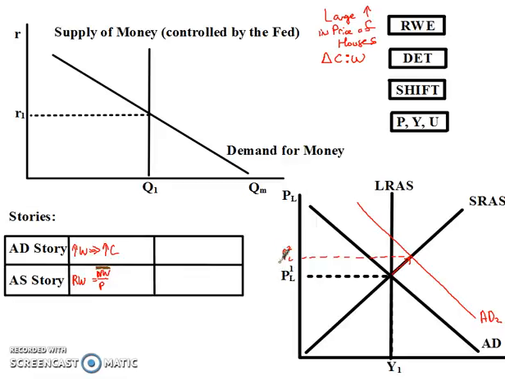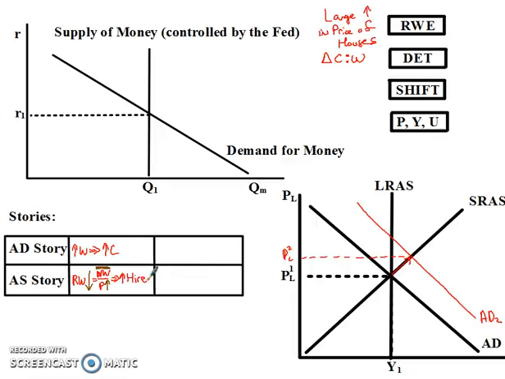So as customers go out there and buy stuff, prices get bid up. If nominal wages are sticky because of wage contracts and whatever, that means real wages are going to decline. And if real wages go down, then companies are going to increase hiring. They're going to go out there and hire more workers.